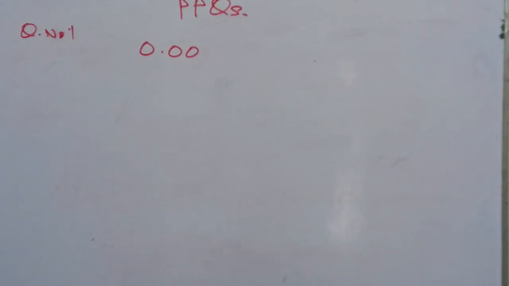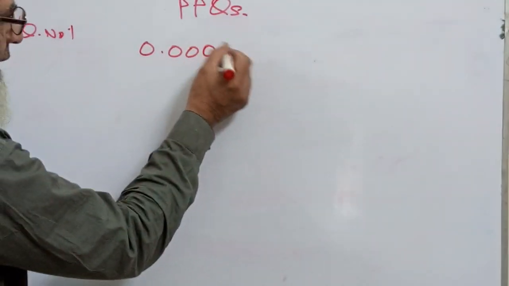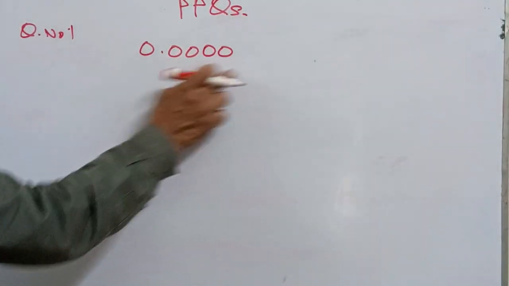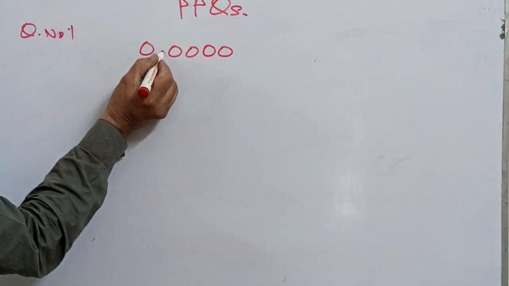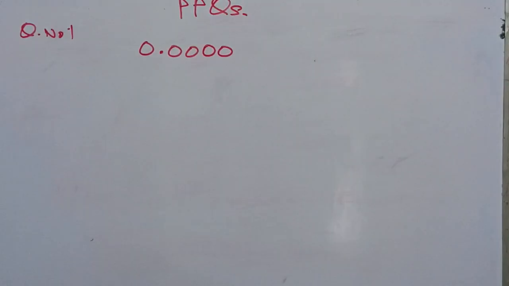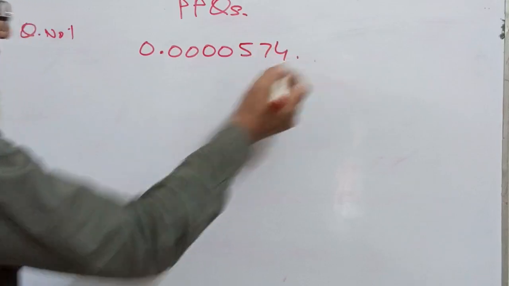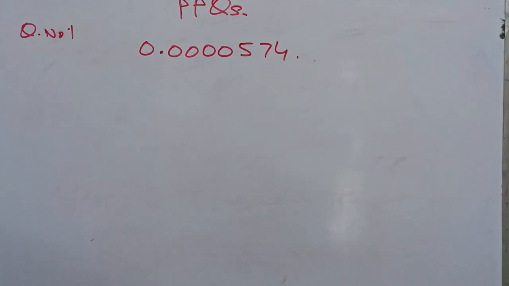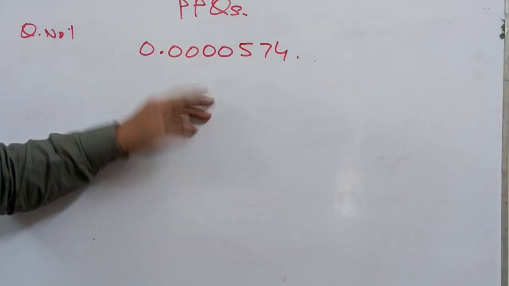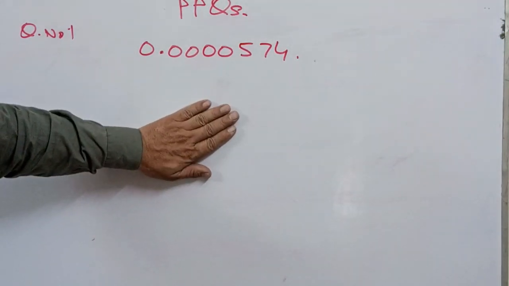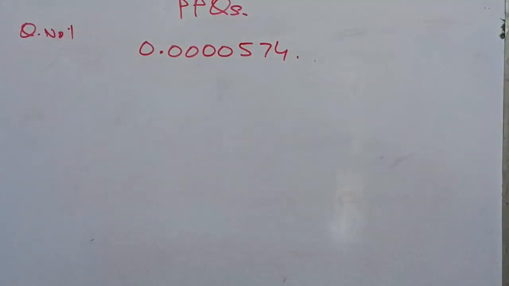Now I have to write a certain figure which is given to me: 0.0000, there are 4 zeros in a row after the point. Remember that this is the point over here. And then 554 and 574. Sorry, 574. Now, what will we do? We'll just draw some waves on it. Now this has been given in decimal fraction form. I have to convert it into standard form.